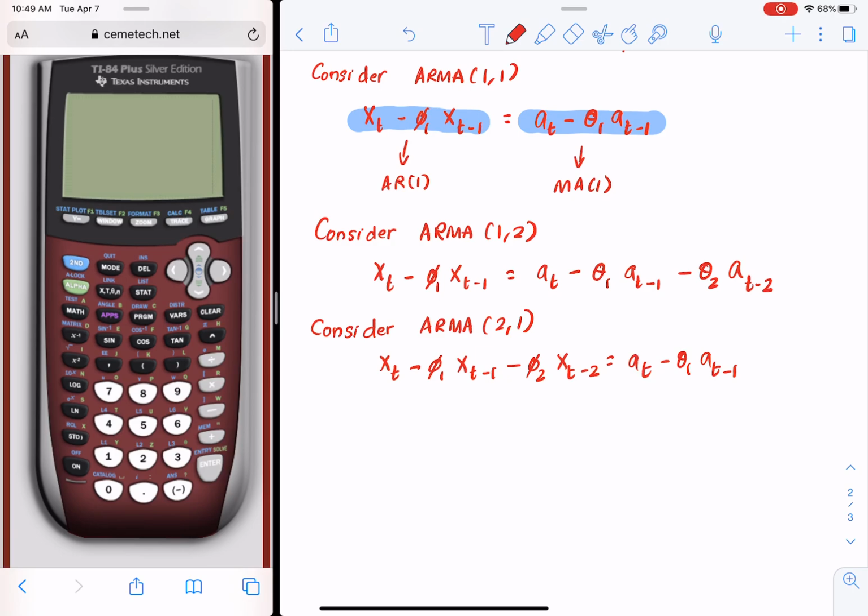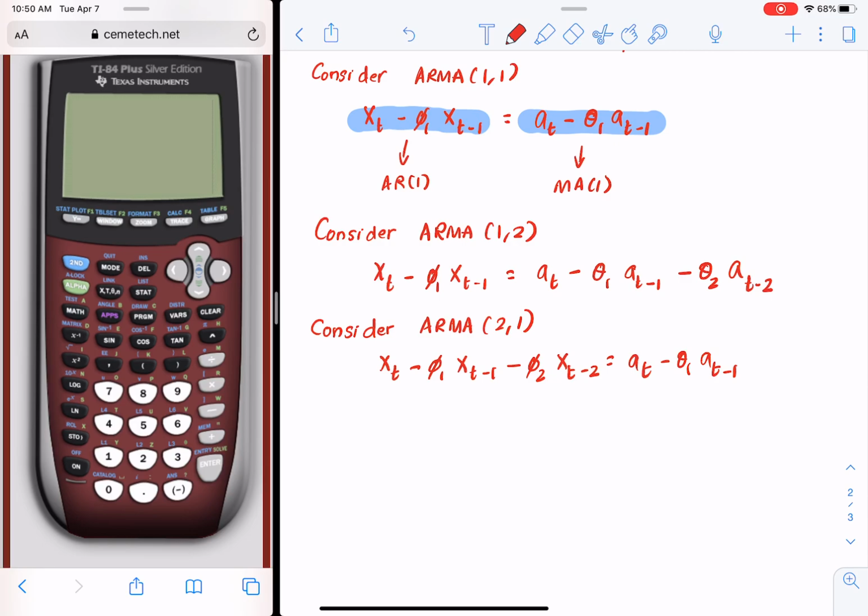But I'm sure that you get the picture by now as to what an ARMA model is. Now, typically it becomes quite cumbersome to find the appropriate model, and we have to get into things called model identification, because at the end of the day, we don't want to overcomplicate a time series model.